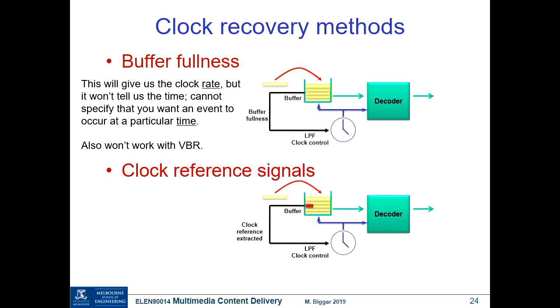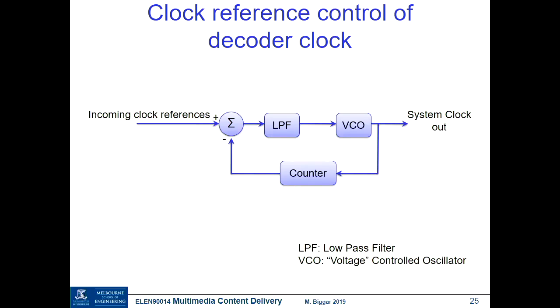So every now and again one of these packets of data will include a clock reference signal, and even though there's a bit of jitter in the network, we try to smooth that out with a low pass filter function here, and compare the clock reference signal that we get with what the local clock is, and make some adjustment in this sort of arrangement.